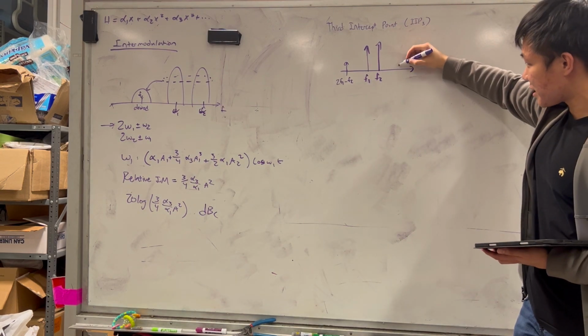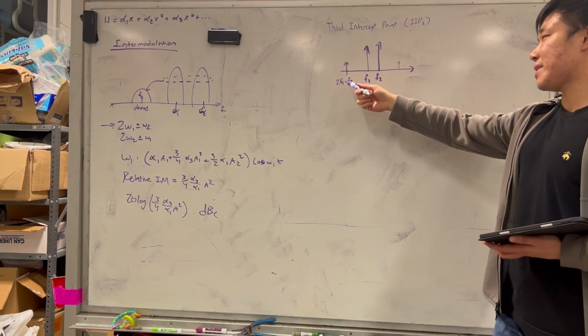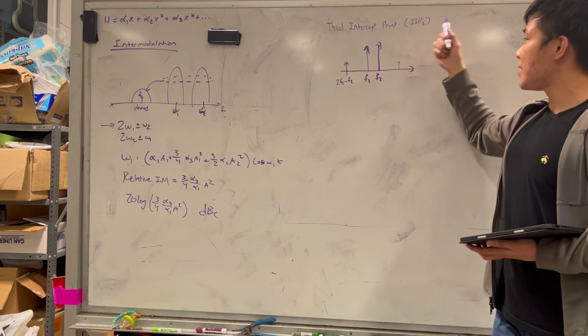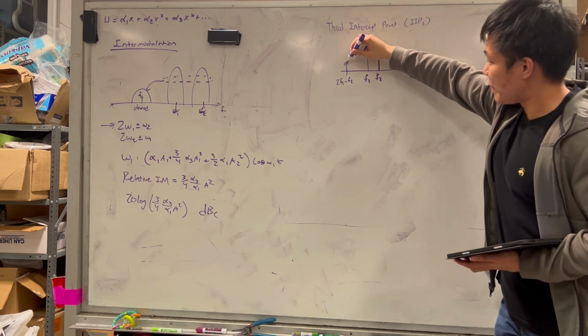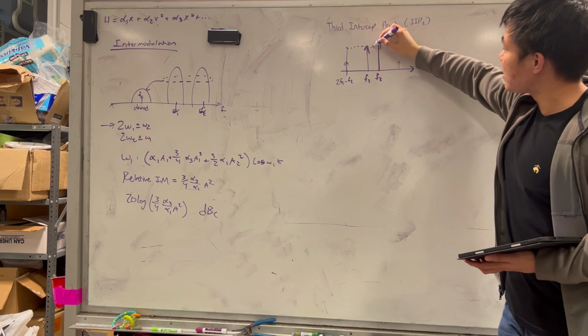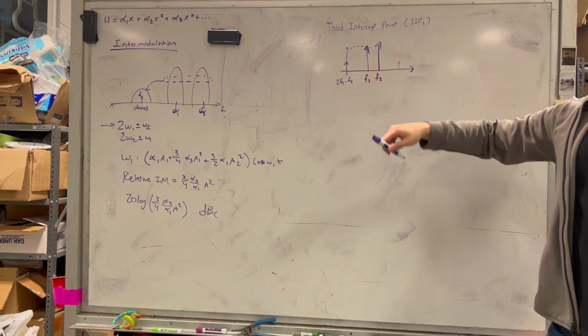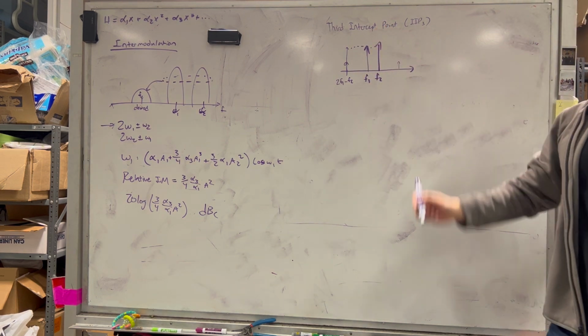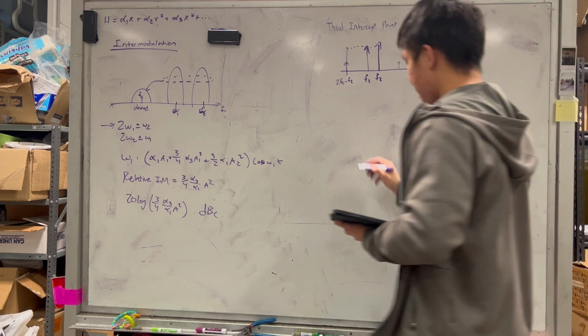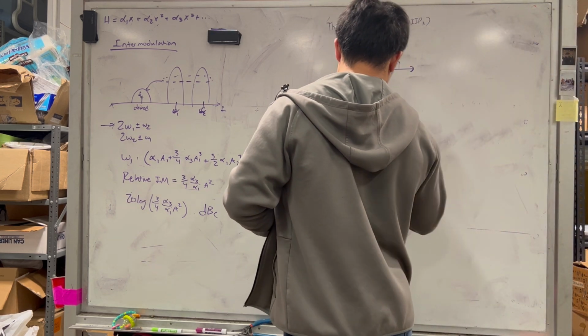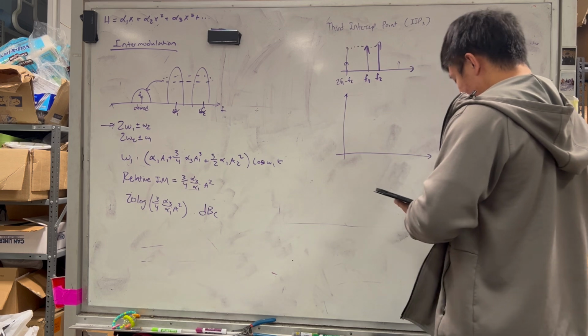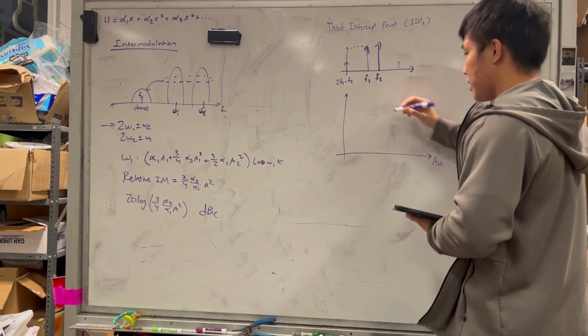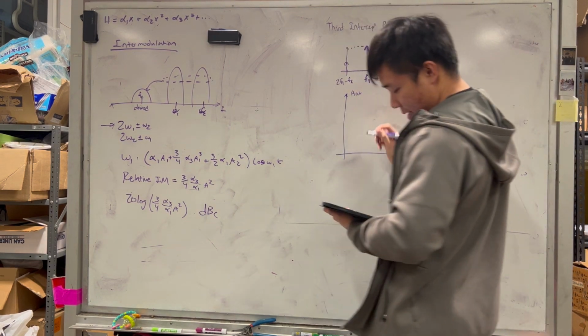These two things are called spurs. Right, you get something that's close by. When this spur becomes equal to the fundamental, that's when you've hit your IIP3 point. And you can graph that conceptually by saying A in, this is in log scale, this is all in log scale by the way.